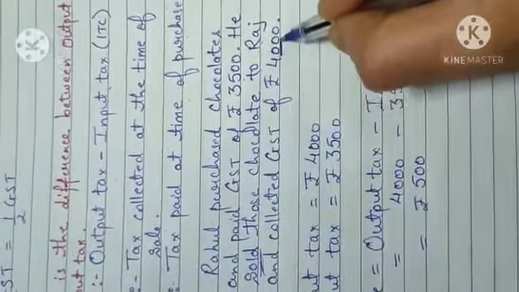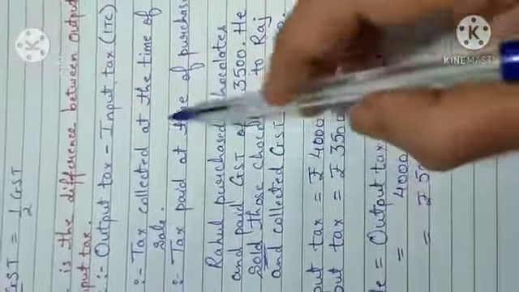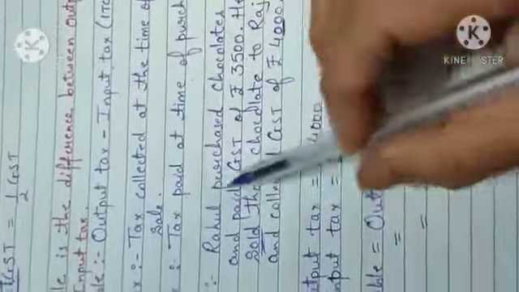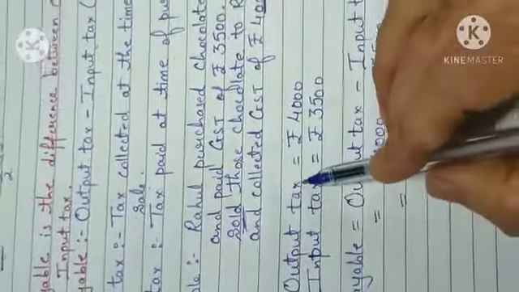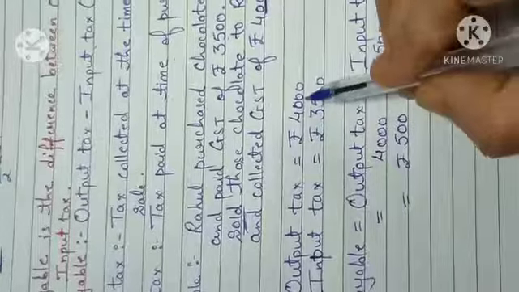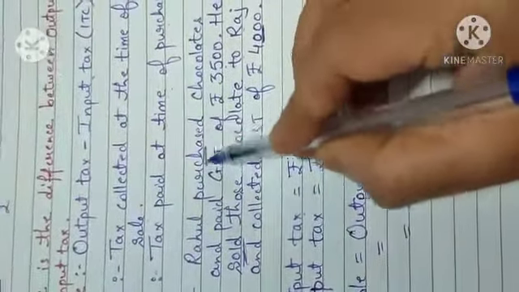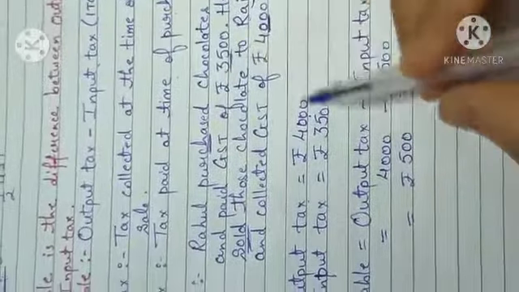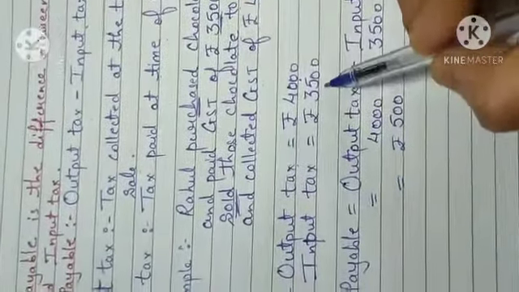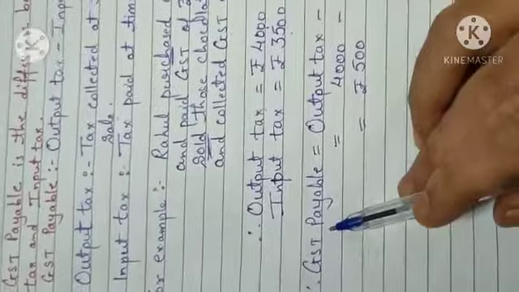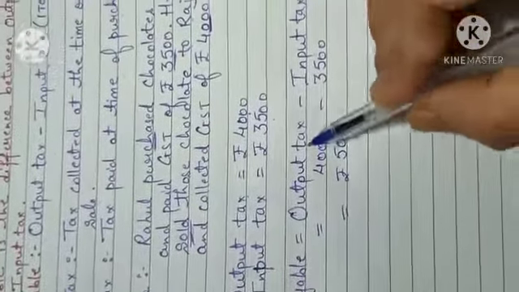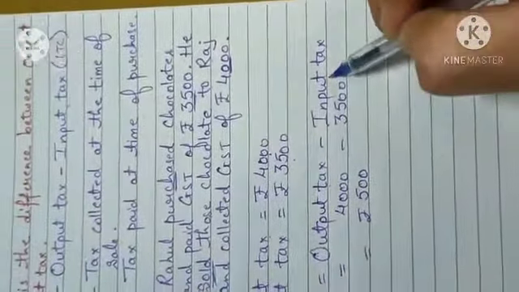Sold for how much? 4,000. The tax collected at the time of sale is called output tax. So 4,000 is your output tax at the time of sale. And at the time of purchase, it is how much? 3,500. So GST payable is equal to output tax minus input tax.